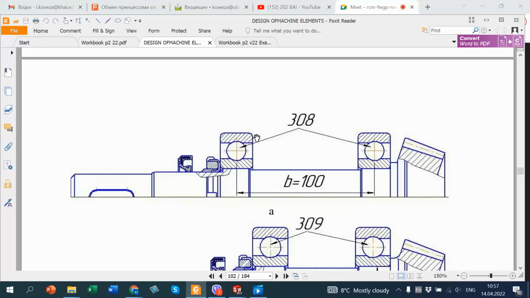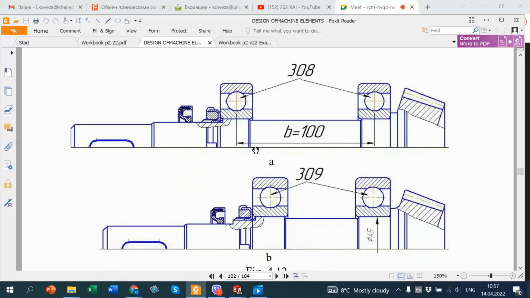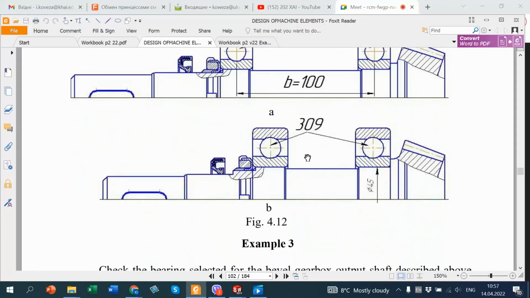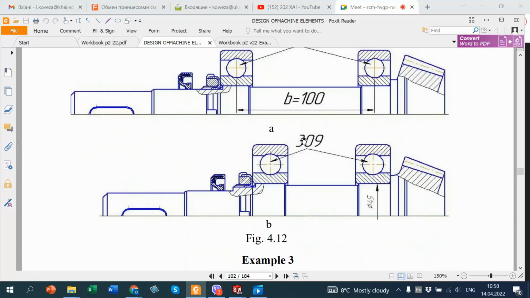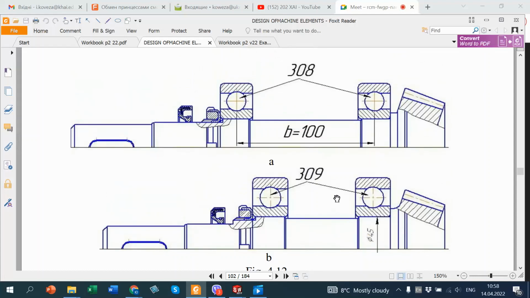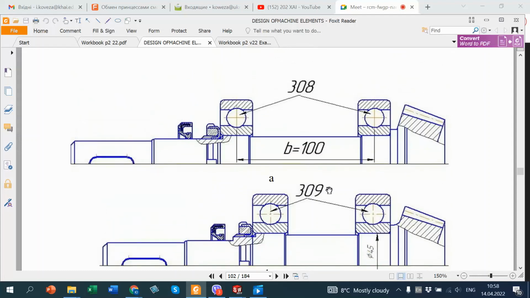We decrease bearing but increase frame. It's a very interesting question to find how it depends on. And one more variant is 309. Diameter 45, distance 80, and 309. Maybe.